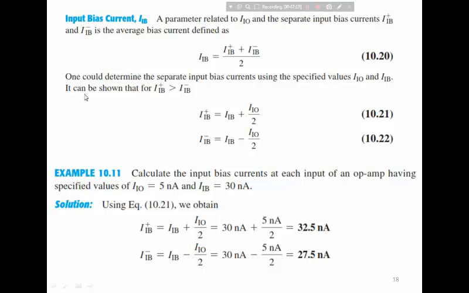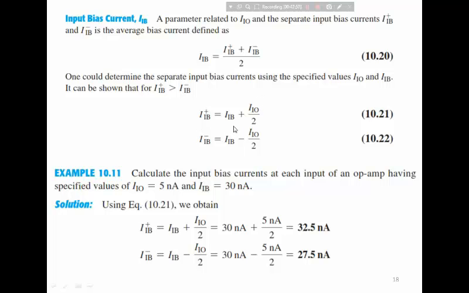So this relationship is obtained by considering this condition that IB positive is greater than IB negative. So if IB positive, the current at the positive terminal, is greater than the current at the negative terminal, then this relationship can be derived using this relationship for input bias current, and the second relationship for input offset current, and that is input offset current is equal to IB positive minus IB negative.